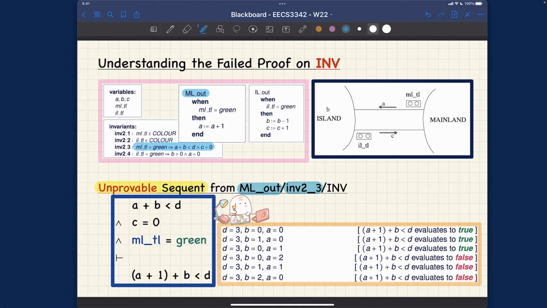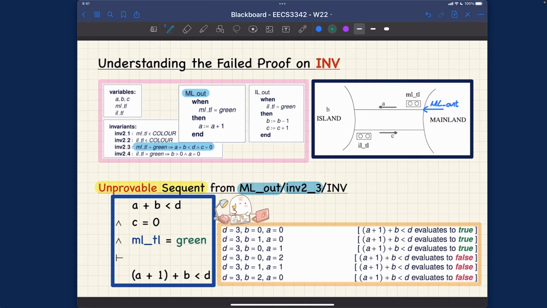Let's see exactly what's being proved. The first one, a plus b, is about ML out. Let me try to visualize. We know that ML out is about whether a car can go out of the mainland, which is regulated by the traffic lights on the mainland side. ML out. Okay, let's look at the conditions over here.